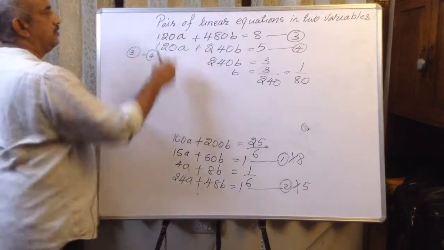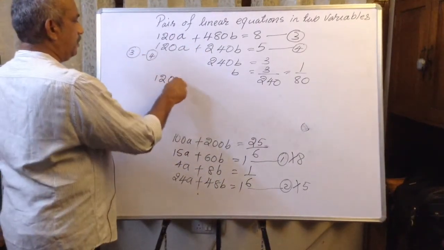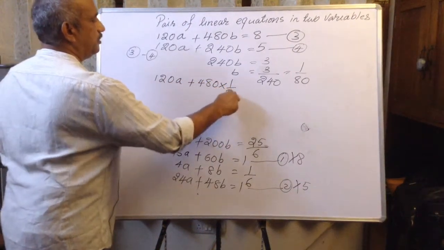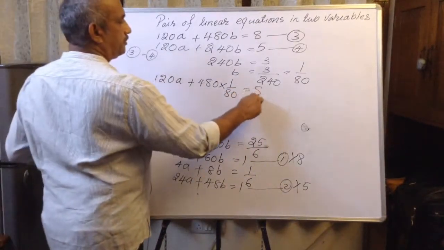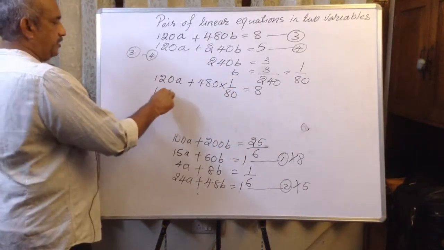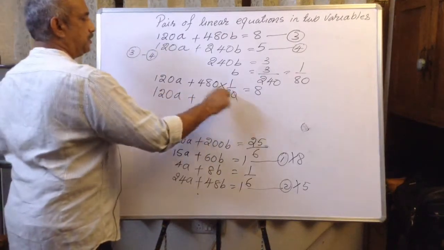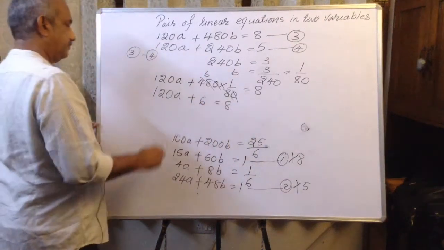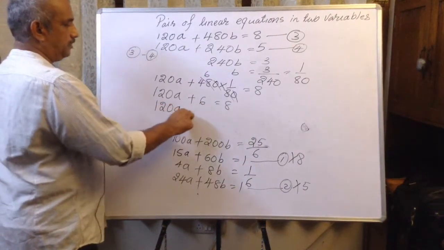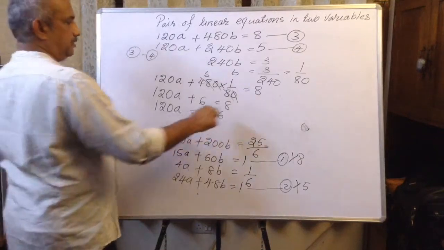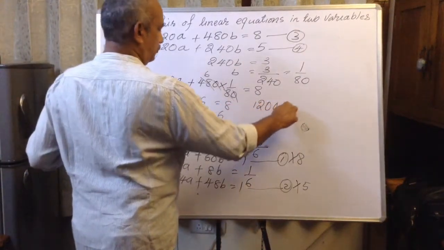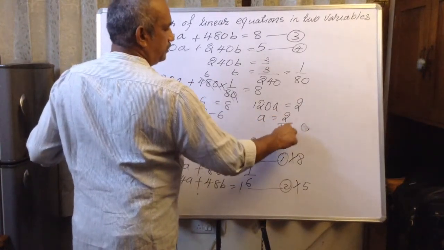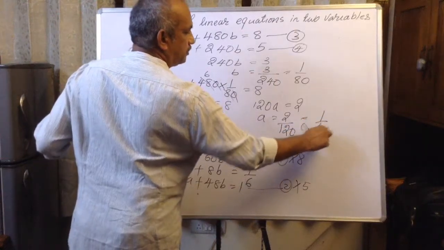I am putting in this one only. 120a plus 480 into 1 upon 80 is equal to 8. 120a plus, zeros cancel, 8 6s are 48, 6 is equal to 8. 120a is equal to 8 minus 6. 120a is equal to 2, a is equal to 2 upon 120 is equal to 1 upon 60.